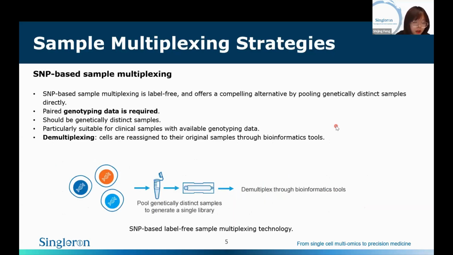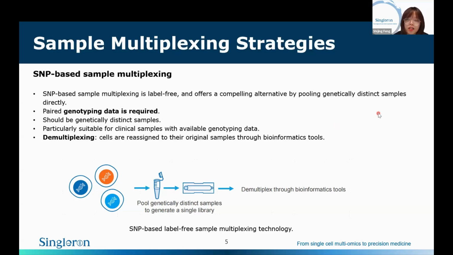And here we introduce the other strategy for sample multiplexing, which is the label-free SNP-based sample multiplexing. This strategy is based on the SNP variants in different samples. So the most important thing here is to make sure that the samples are genetically distinct, and so samples from the same donor could not be multiplexed into one experiment.